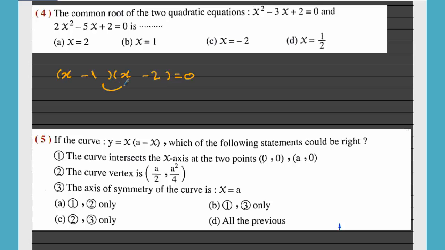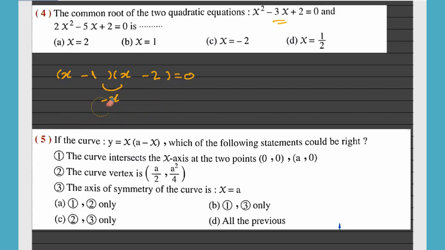Negative x, here negative x, it's the product of the means. What is the product of the extremes? Negative 2x. Their sum equals negative 3x. It is the middle term here. So this factorization is right.